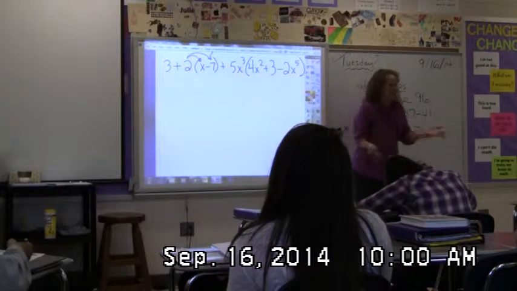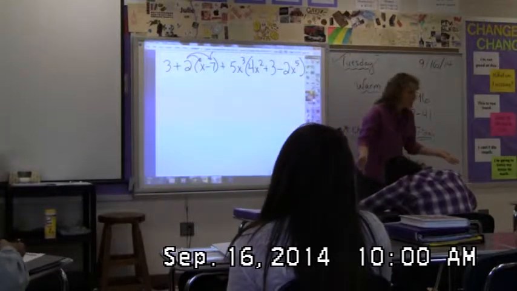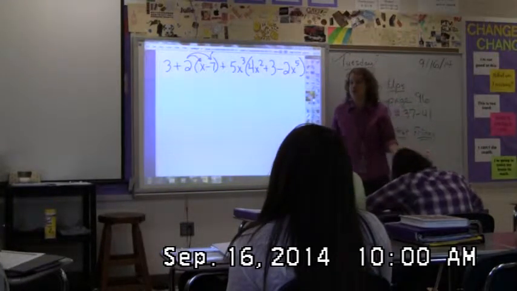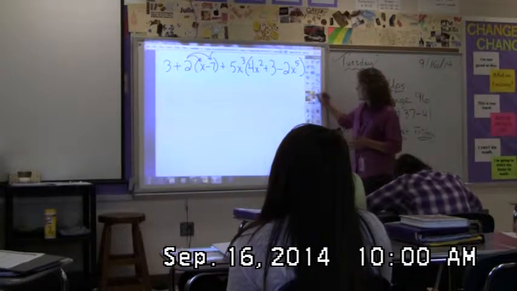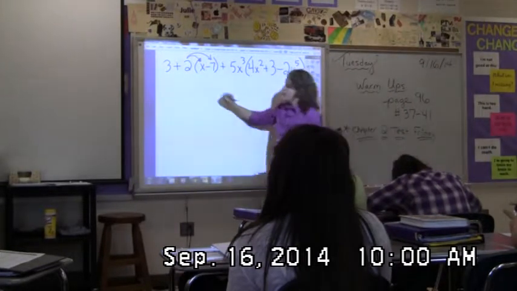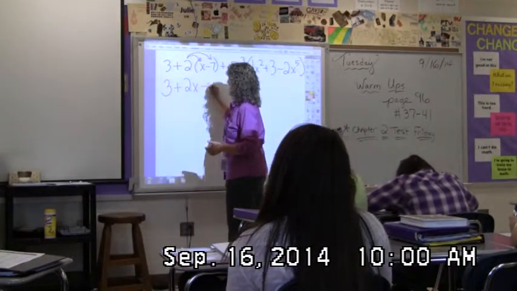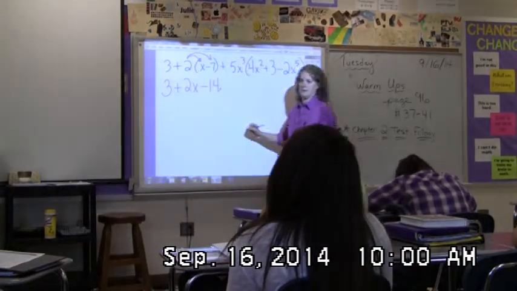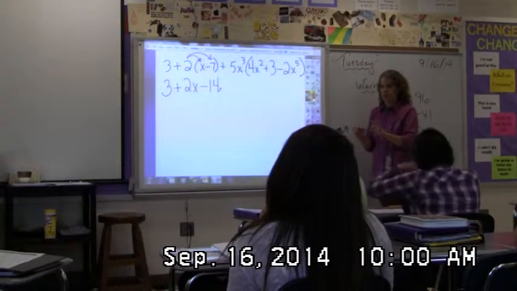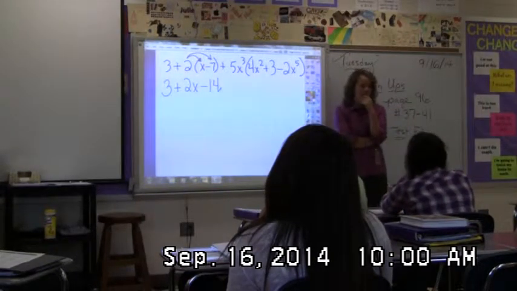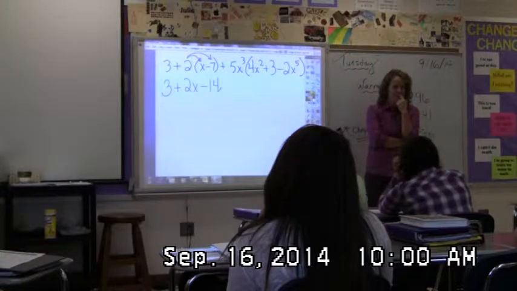Did she do anything with the 3? No, not really. She just brought it down. She started the problem by saying 3 plus 2x minus 14. Hannah, that was awesome. Now, what are we about to do next?